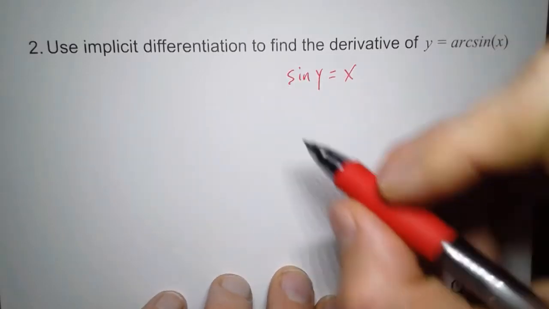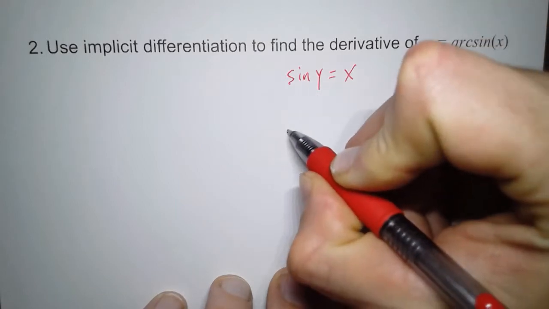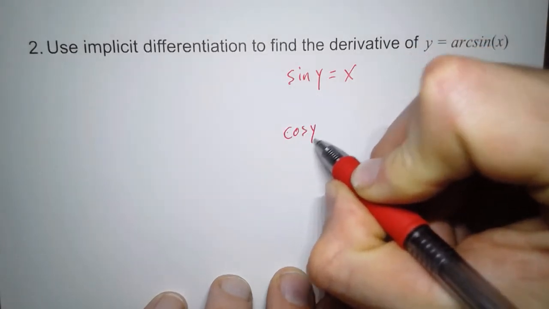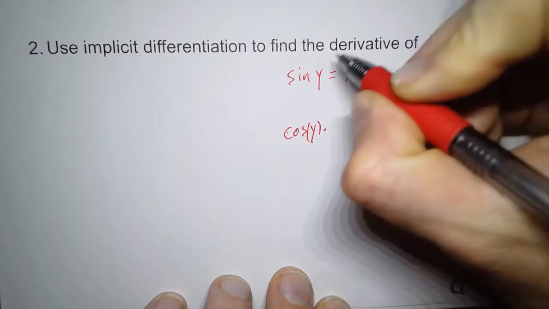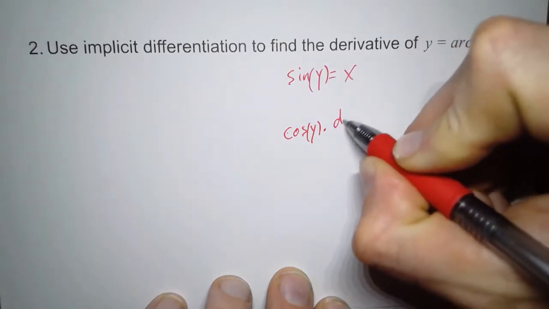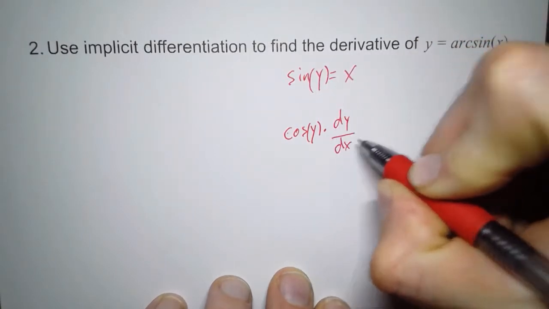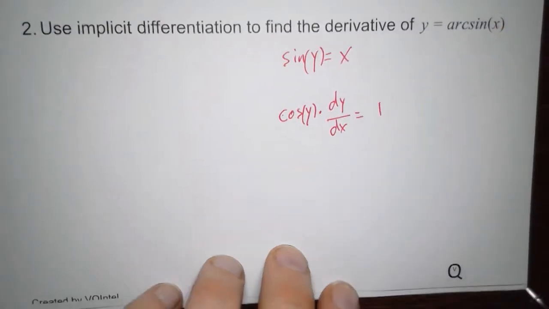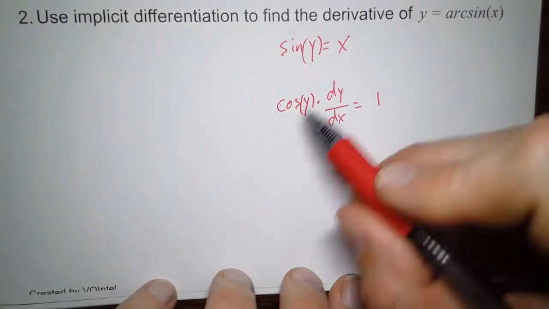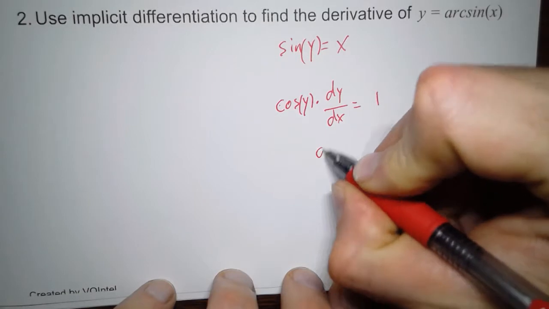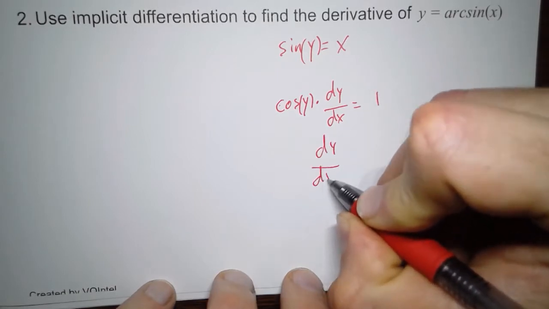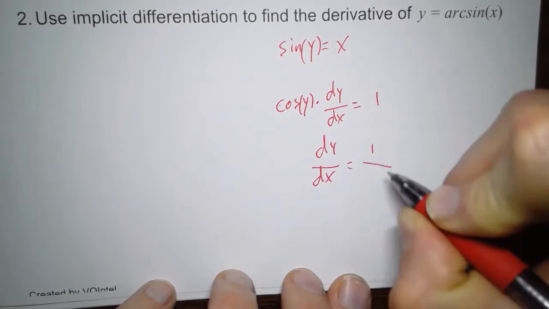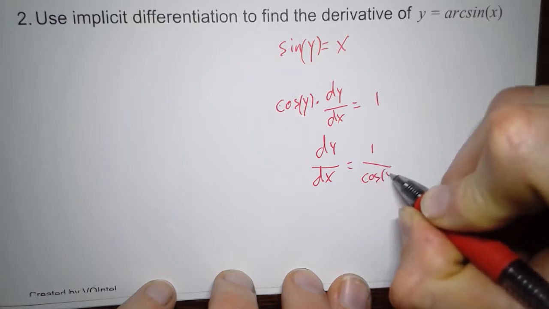So the derivative of sine becomes cosine of y, let's put parentheses around those, times dy dx equals 1. So now we'll divide by cosine of y. So dy dx equals 1 over cosine of y.